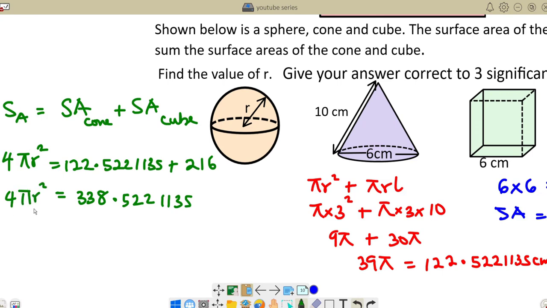Then what we can do here is divide both sides by 4 pi. So the radius squared is going to be 338.5221135 divided by 4 pi.